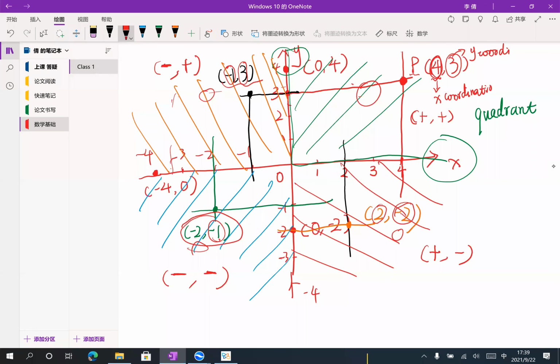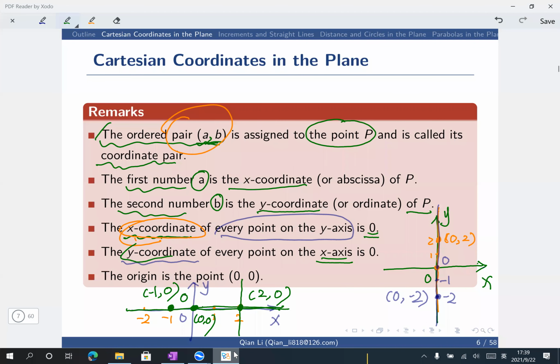Okay. Then this is a Cartesian coordinate, and let's see on the slide.